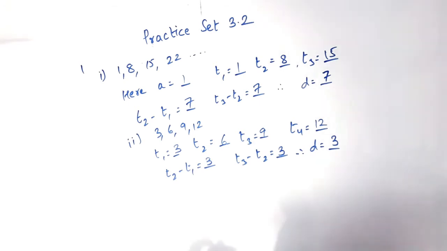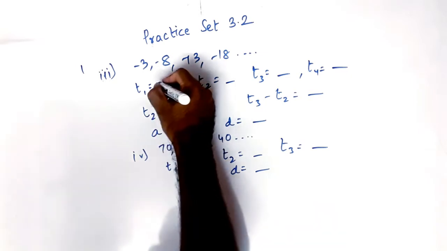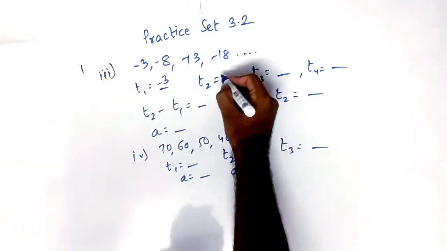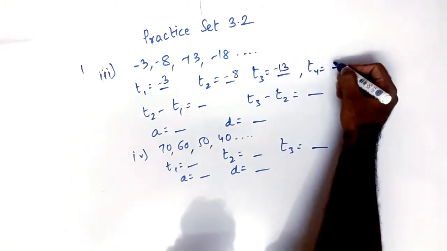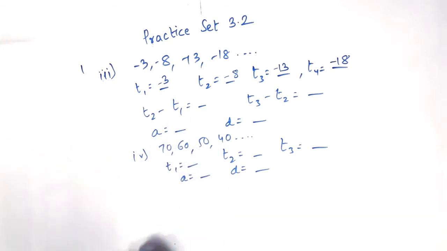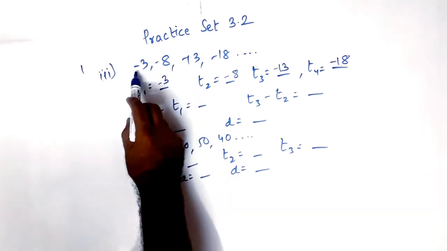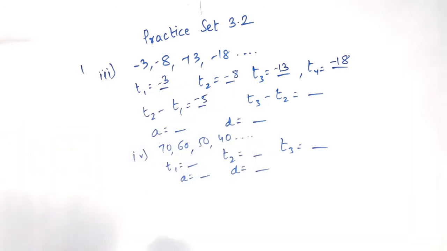Coming to question number 3. T1 is minus 3, T2 is minus 8, T3 is minus 13, T4 is minus 18. T2 minus T1 is minus 8, this will become plus 3. Minus 8 plus 3 is minus 5.